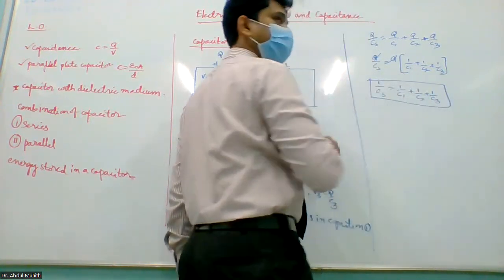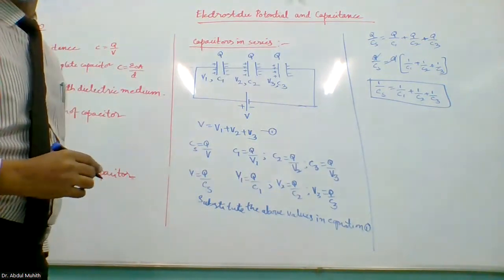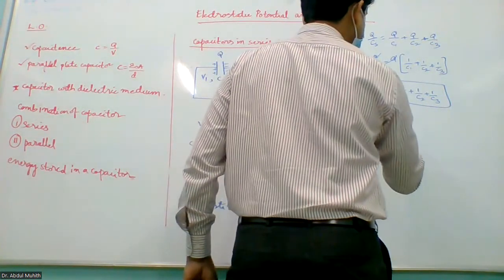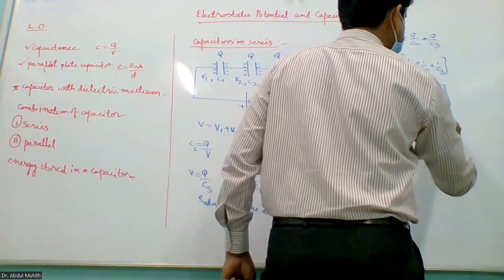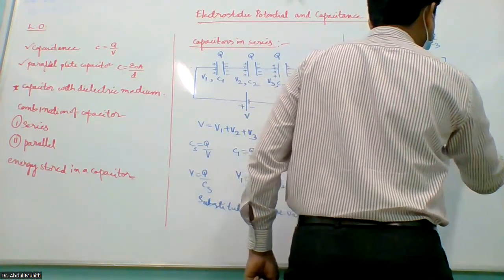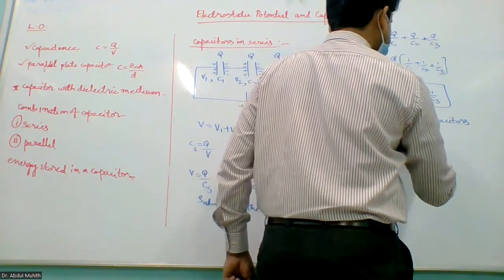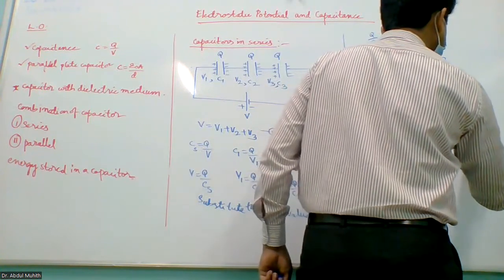Now there are n number of capacitors. What is the formula for n number of capacitors? 1 by Cs is equal to 1 by C1 plus 1 by C2 plus up to 1 by Cn. This is the second one.